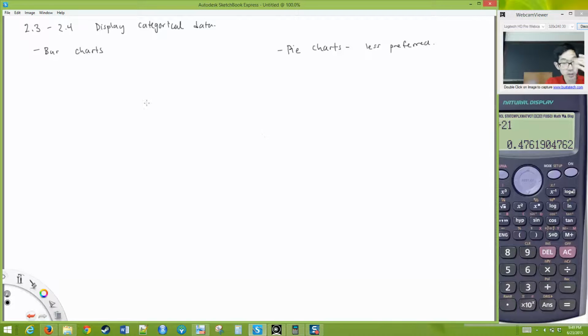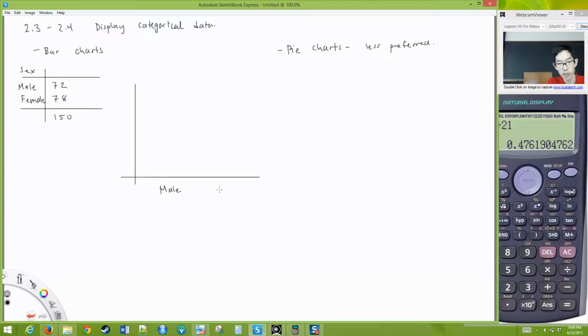And all we're doing with a bar chart is we take our summary table, so our frequency table, right? So let's say we have male and female. We had a total of 150 and we had 72 and 78. With a bar chart, it's very easy.